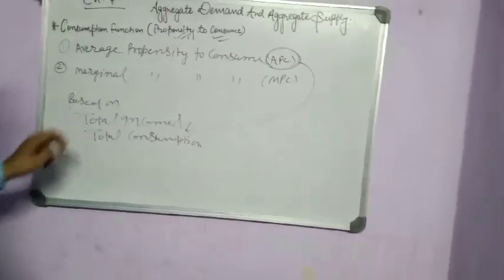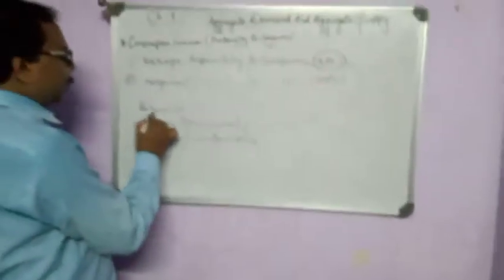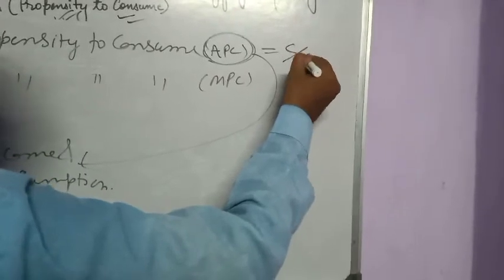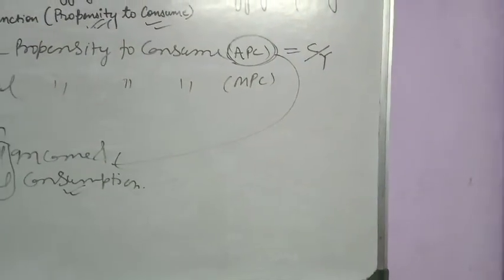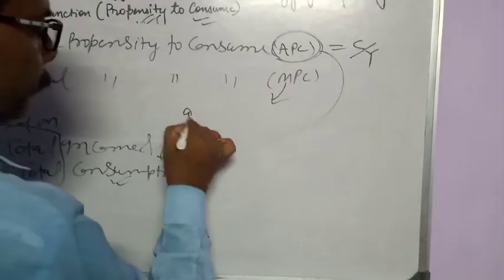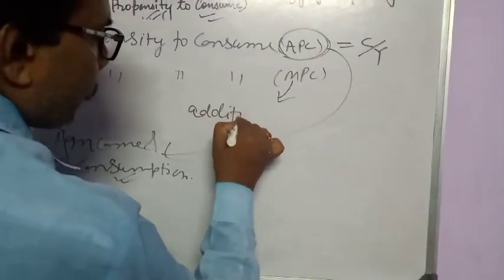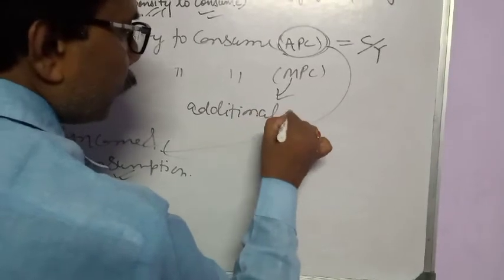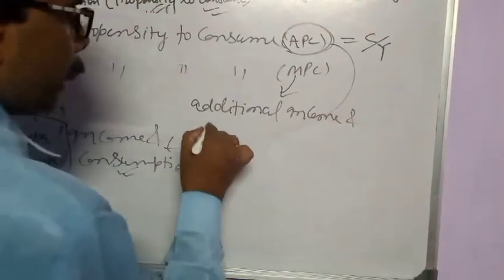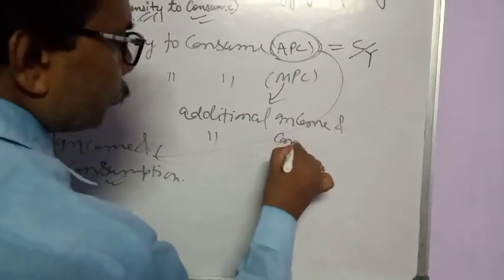So it is based on the total, whatever the income is, and on that basis the consumption depends. So APC is equal to C divided by Y. Clear? Whereas MPC is based on additional income and additional consumption.